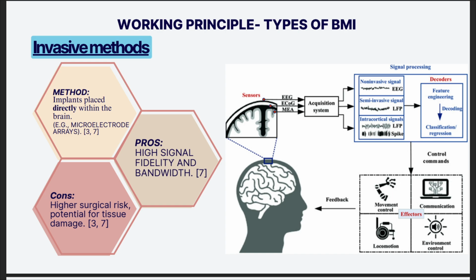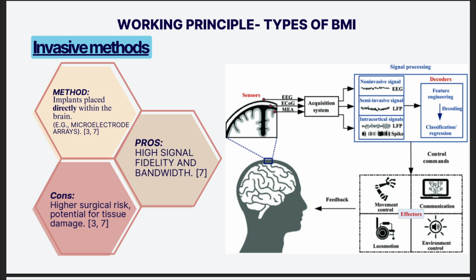Now, there are two types of BMIs, which are mostly classified into invasive and non-invasive methods. Here in the non-invasive methods, an EEG is captured of the brain using silver or silver chloride electrodes. A system will acquire these signals, process them, and turn them into an actuation, while also giving feedback to the user.